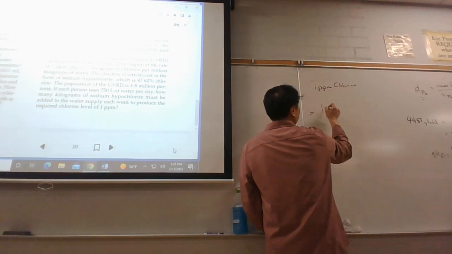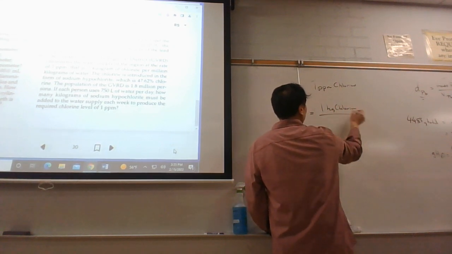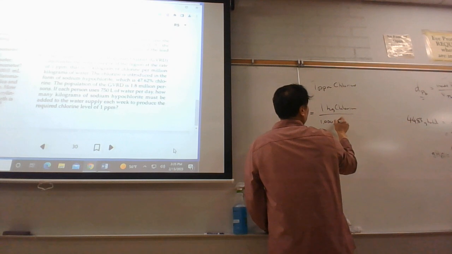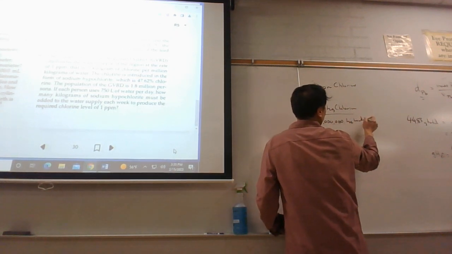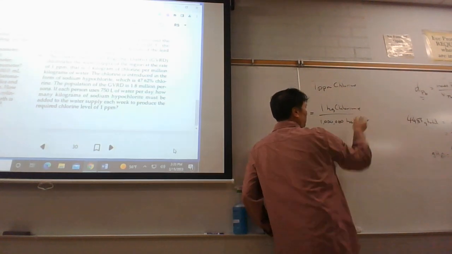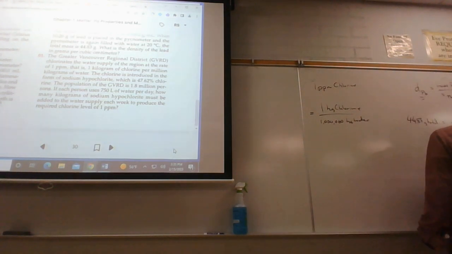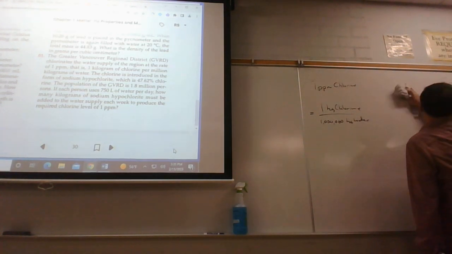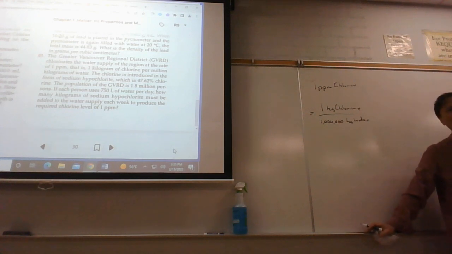Which is equal to 1 kilogram of pure chlorine per 1 million kilograms of water, or total. This isn't how I wrote it before. How did I write it before? Remember the swimming pool problem?